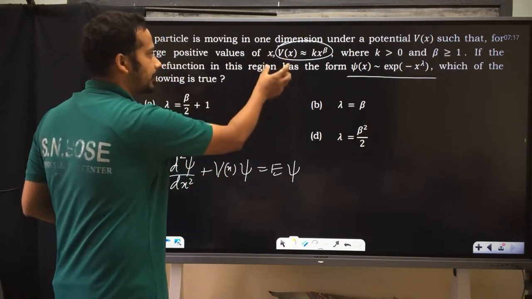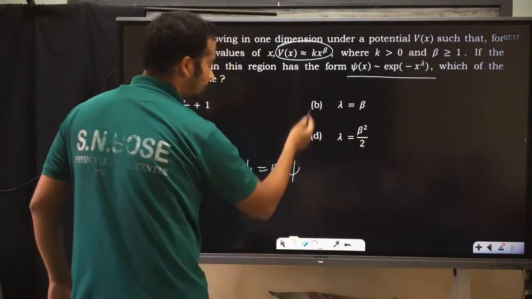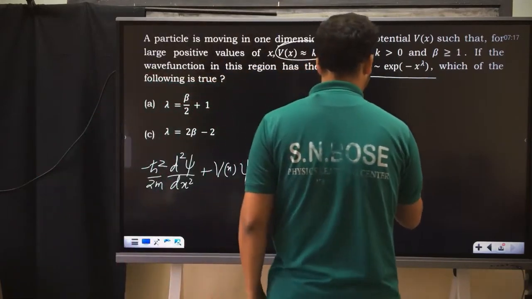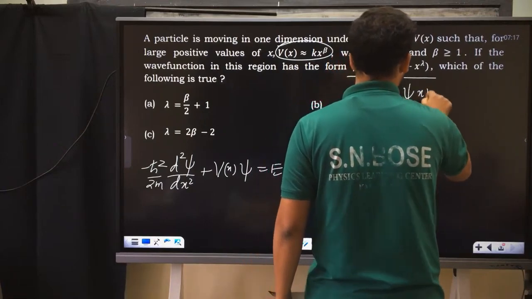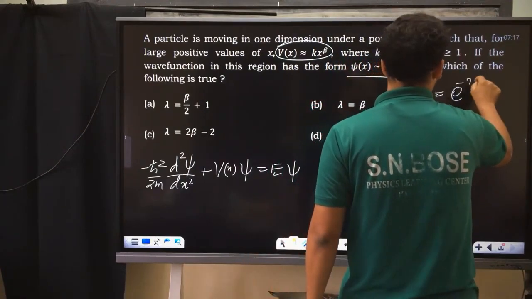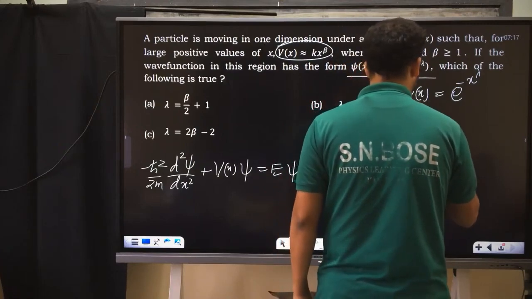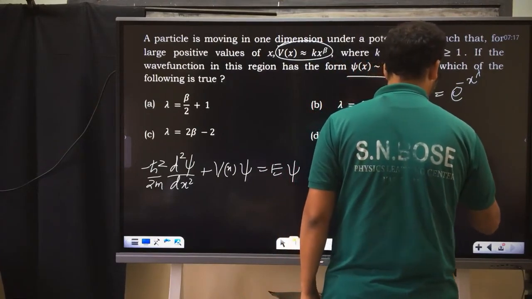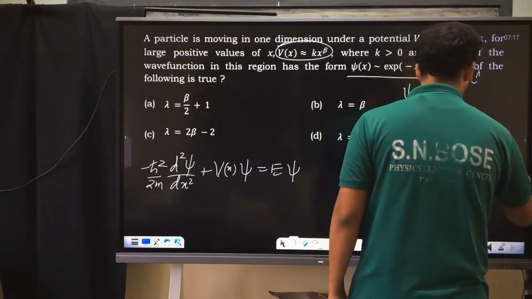This V of x is replaced by k x power beta. Can you quickly find the second derivative of this one? d psi by dx: psi of x is equal to e power minus x power lambda, into minus lambda x power lambda minus 1. Am I right?